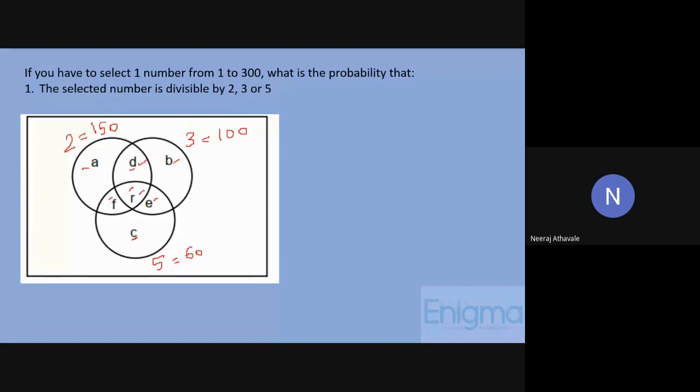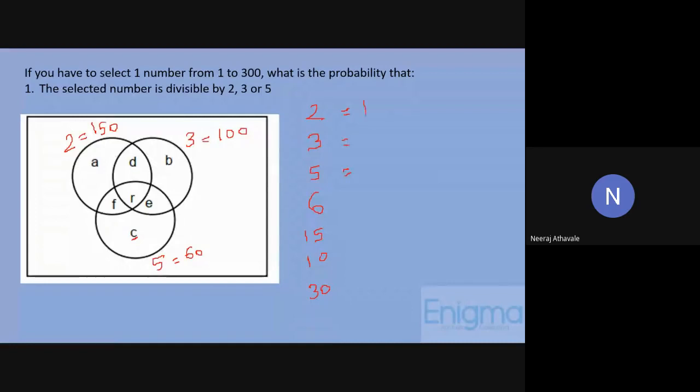Let's see. Now first of all, 2, 3, 5, you can keep these most important numbers in mind. Then what is the LCM of 2 and 3? It is 6. LCM of 3 and 5 is 15. LCM of 2 and 5 is 10. And LCM of 2, 3, 5 is 30. So this will help you.